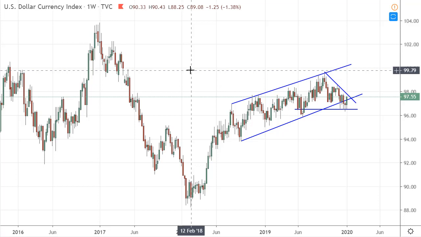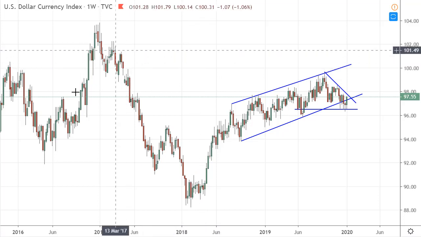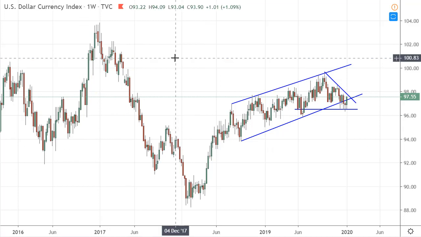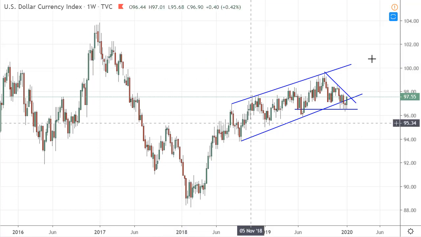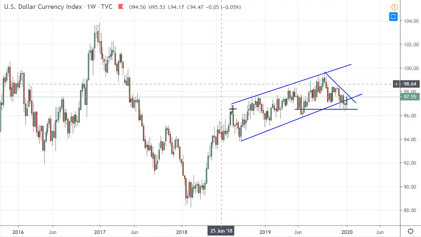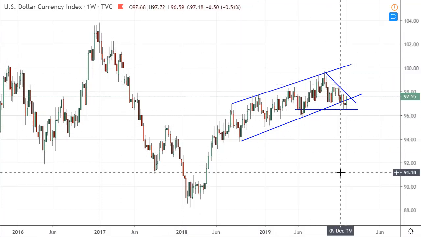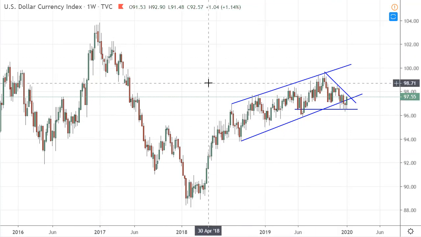in the dollar index. Every Saturday I do a weekly technical analysis on the forex market, and all the dollar-related pairs, of course, are influenced by one part of the currency pair, the forex pair.